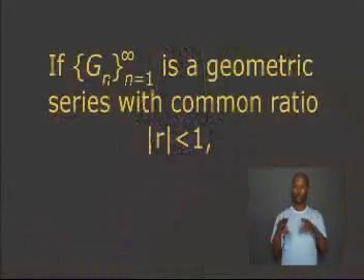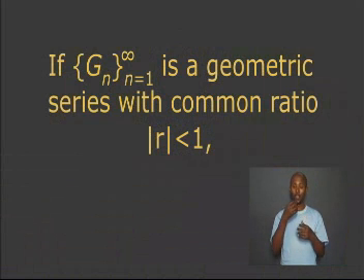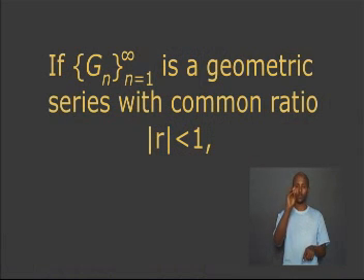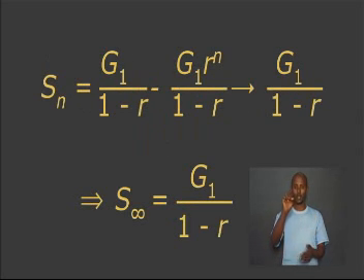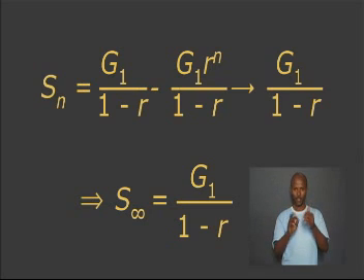Hello, students. Recall that if Gn is a geometric series with common ratio r that is less than 1, then Sn equals G1 over 1 minus r minus G1 times r to the power of n over 1 minus r, which leaves G1 over 1 minus r.